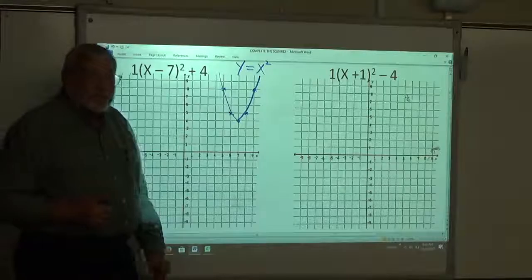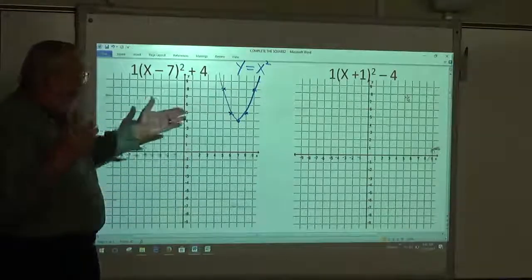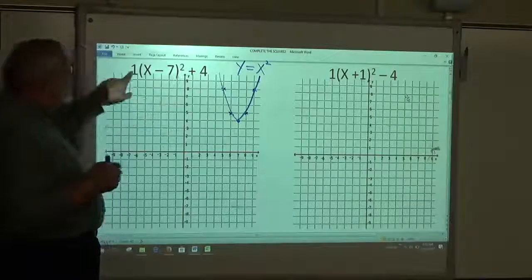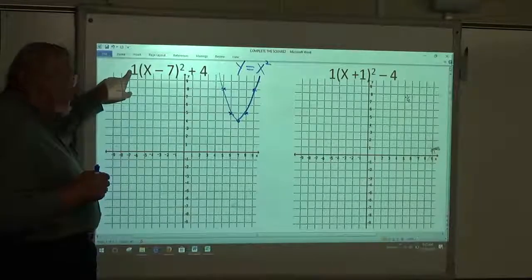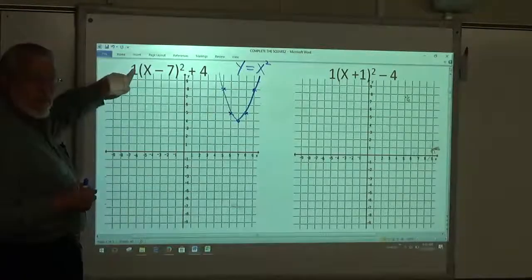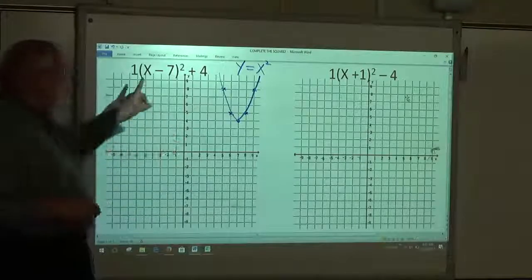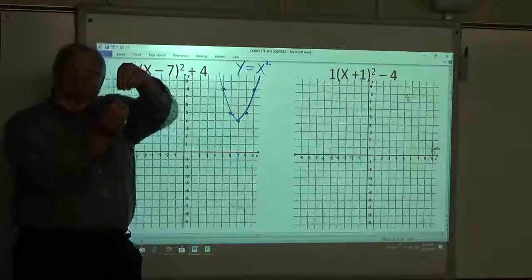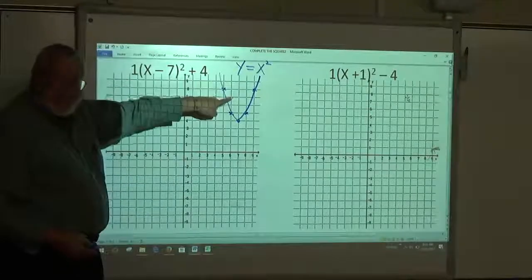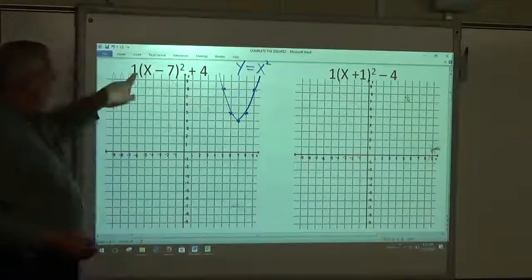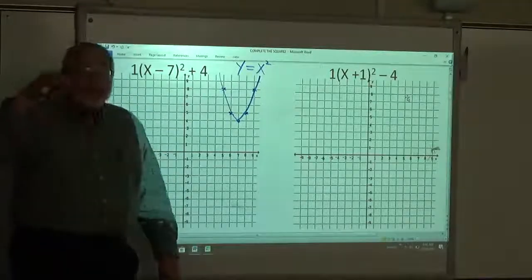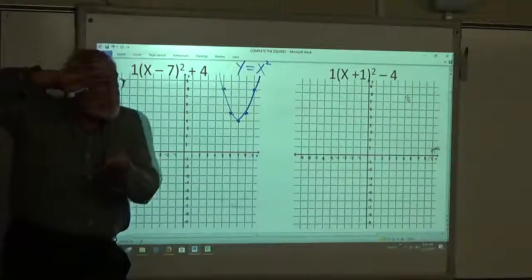Now, we're going to see some that are not 1. If this is not a 1, then if I go over 1, I'm going to go up 1 times whatever that number is. If this is greater than 1, it's going to jump up farther, so it's going to stretch, and this is going to get skinny. If this is a fraction, then I go up 1 times the fraction, which means I've compressed it down.